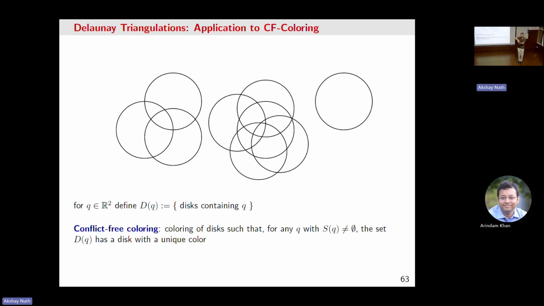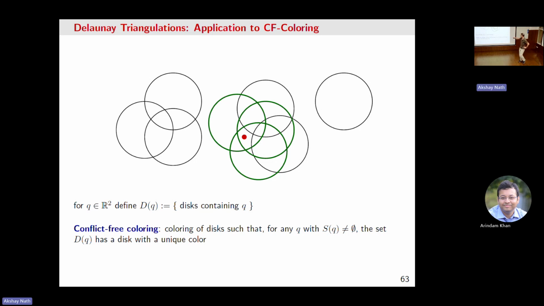And now you want to give out as few frequencies as possible, to use as few colors as possible. So for any Q, that is DQ. These three disks on the left must have distinct colors.